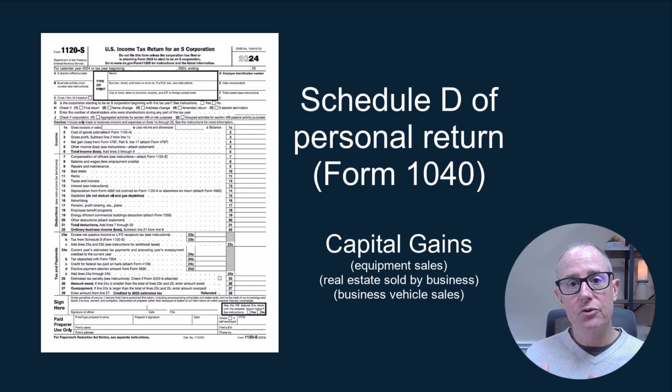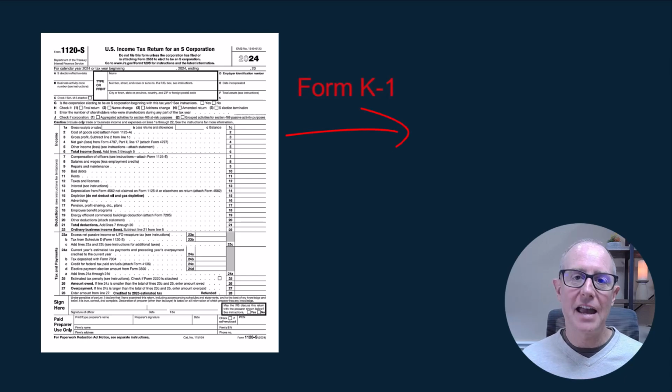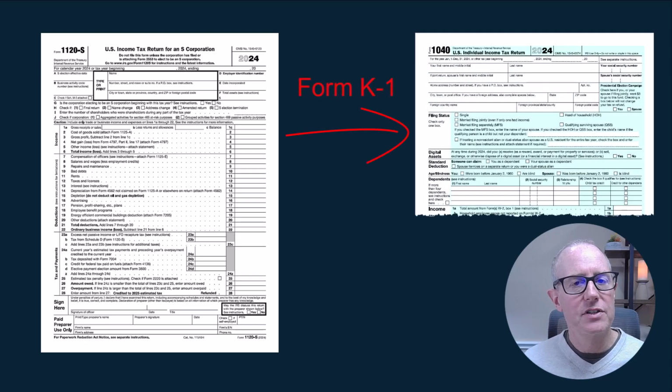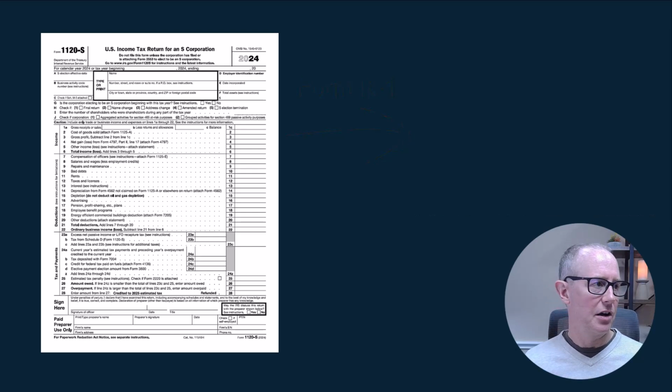Anything like that you sold is not going to be reported specifically on your 1120S or your 1065 tax return. Those are going to be reported on Schedule D of your personal tax return. The way that that gets communicated to your personal tax return is through your K-1. So that's another example of something that you might see on your P&L, but you won't see it specifically on your tax return.